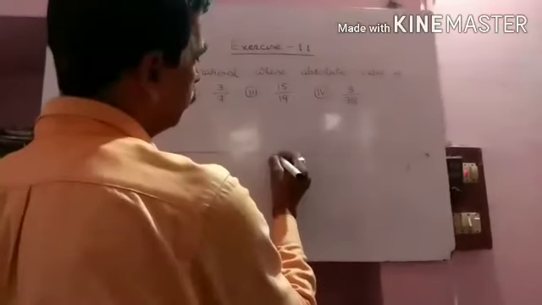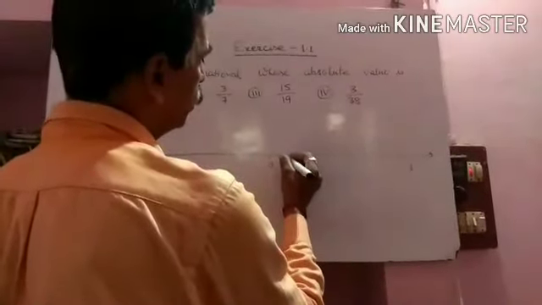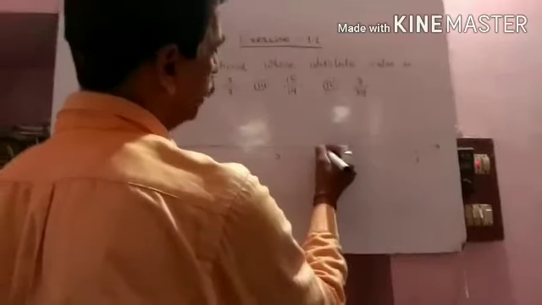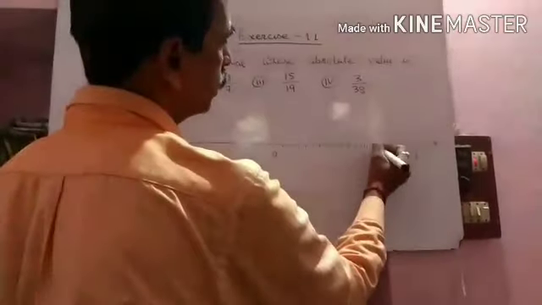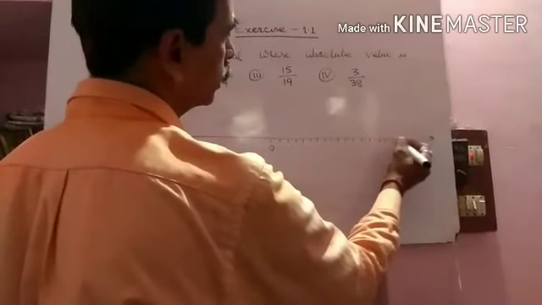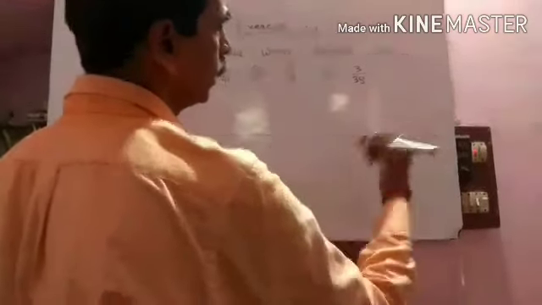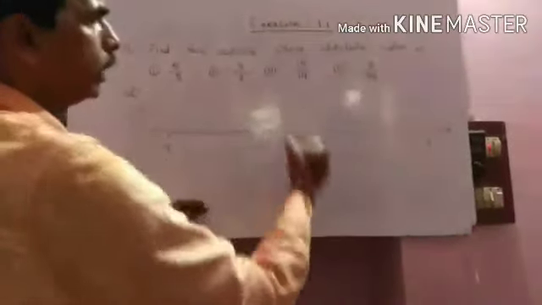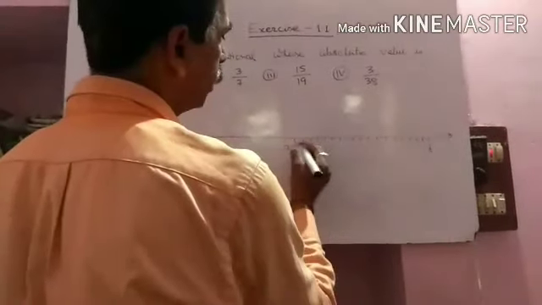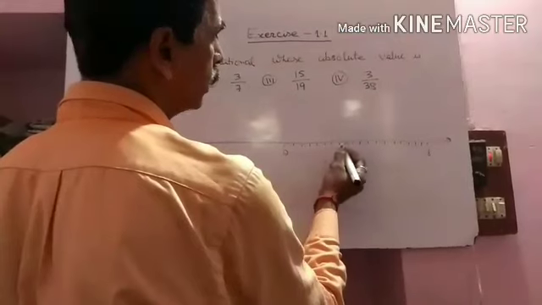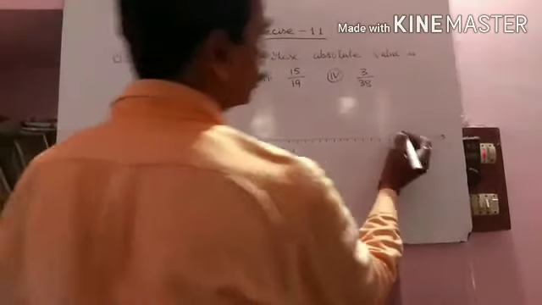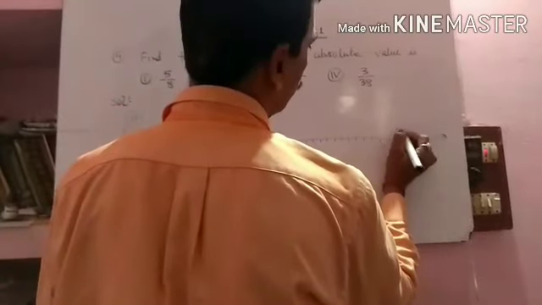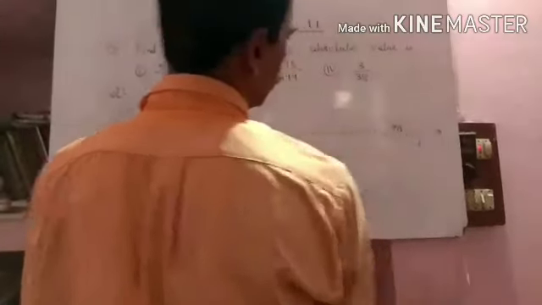Mark 19 equal parts. 1, 2, 3, 4, 5, 6, 7, 8, 9, 10, 11, 12, 13, 14, 15, 16, 17, 18. This one is 19. Okay. So what is written? 15 by 19. 1, 2, 3, 4, 5, 6, 7, 8, 9, 10, 11, 12, 13, 14, 15. So this becomes 15 by 19.